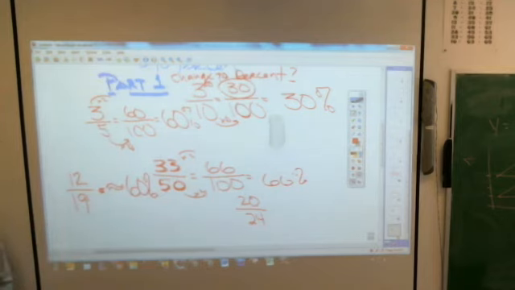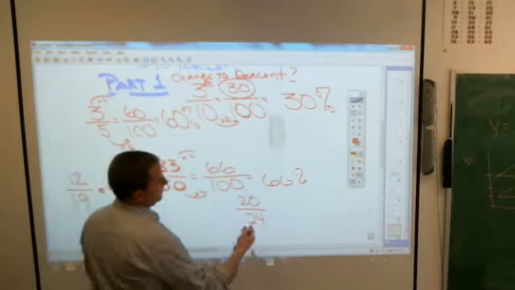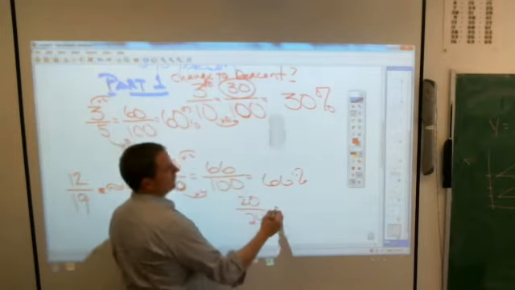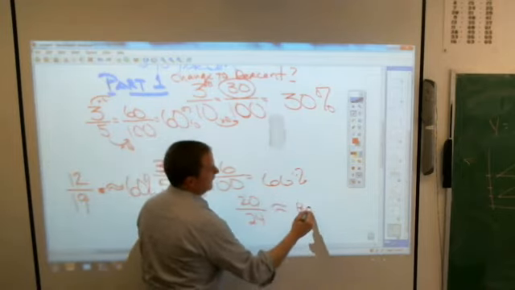A relatively good estimate. Come on, mathematicians out there. Sophia, 80%. Why? Because 24 is estimated to 25. And what times 25 gives you 100? 4, so 20 times 4, it's going to be close to 80%.